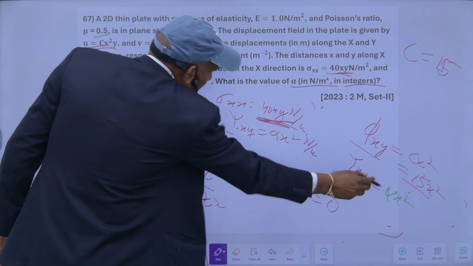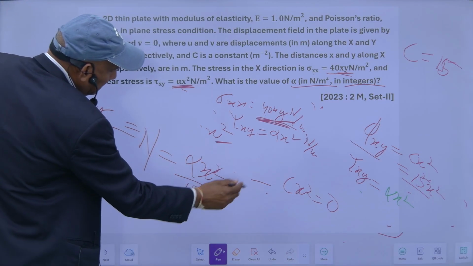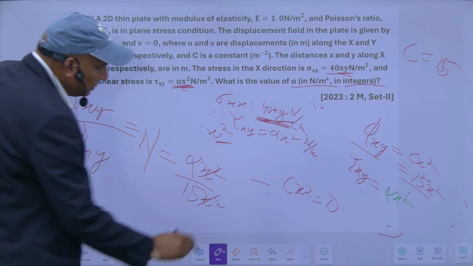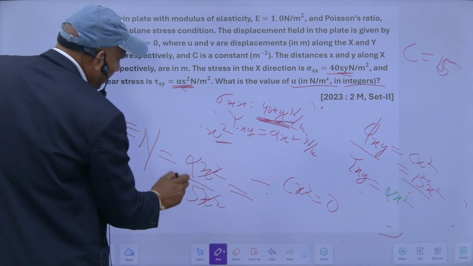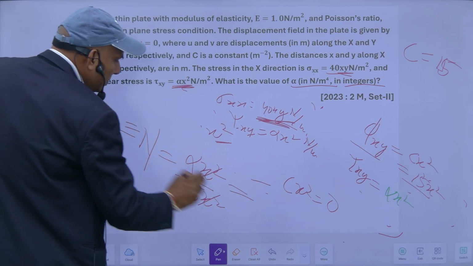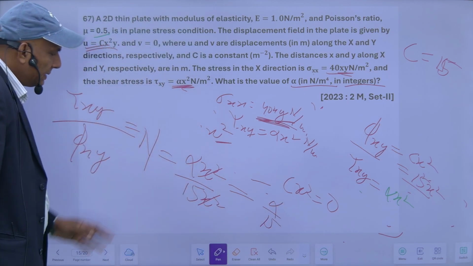So this will give modulus of rigidity n, and this n is equal to alpha upon 15, and what is n?